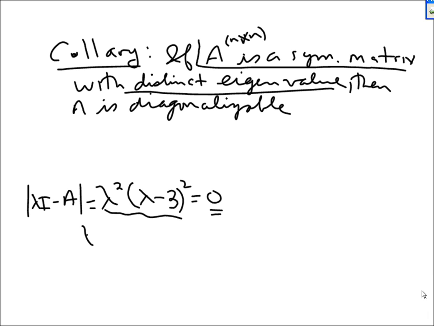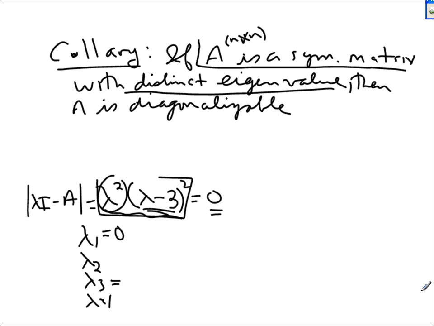This is a 4th degree polynomial, so in a way you get 4 lambdas. Lambda can equal 0, and lambda can equal 3. But the multiplicity of lambda equals 0 is 2, that is, it comes up 2 times, and lambda equals 3 came up 2 times.